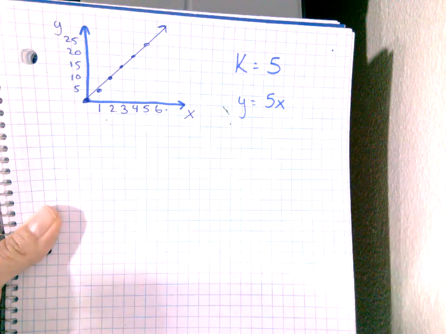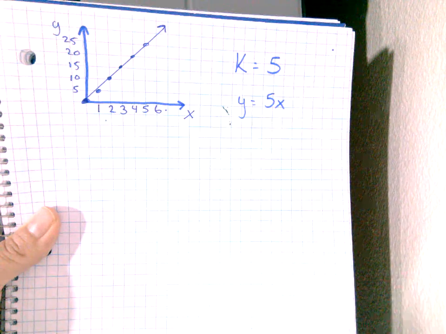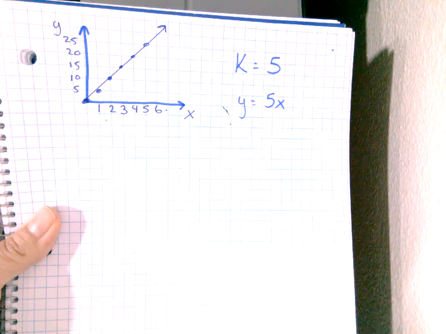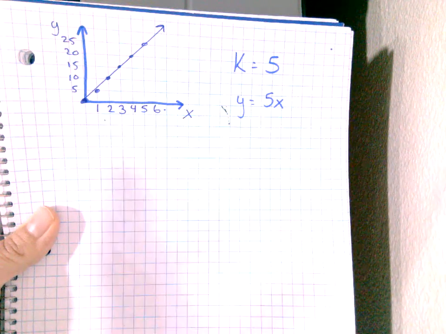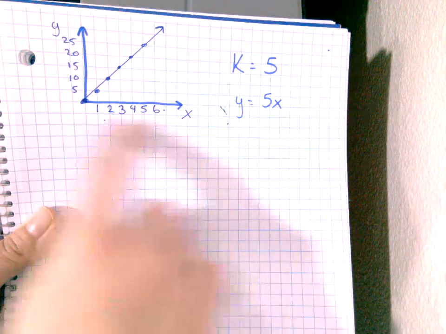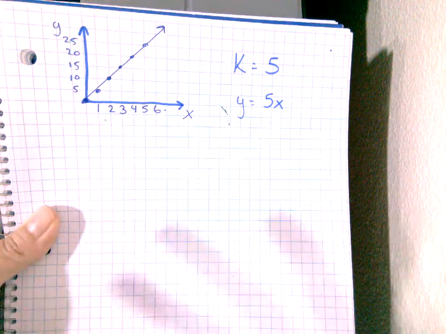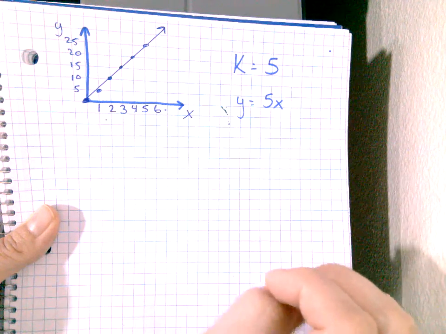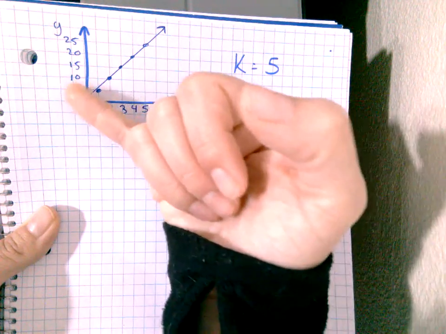Remember yesterday we talked about a table and we saw it a whole bunch of different ways. How do we see it from a graph? Because you might be given a graph and you have to give all the information based on just the graph. They don't even tell you what x is and y is. It's going up on the y, yes. So it's going up by 5s.